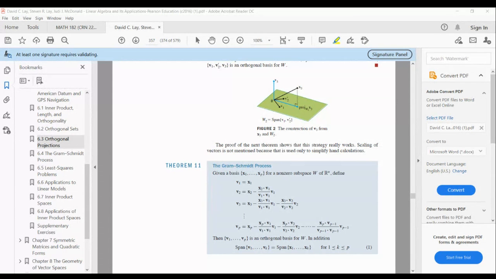So in your homework, you're going to have to construct an orthogonal basis where you have two vectors, three vectors, and I'm going to give you one with four vectors. That'll take a little time. It's an extra step, right? But it's good for you to see it.